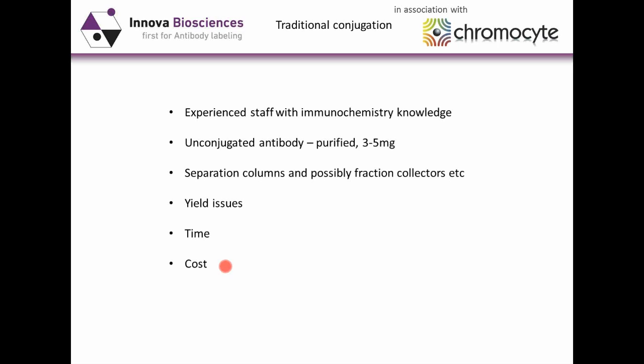And obviously you also have the cost of losing a good percentage of that on your separation columns. Even if you take some of the traditional conjugation kits that are available, these also include separation columns and you still come across the issues of yield.